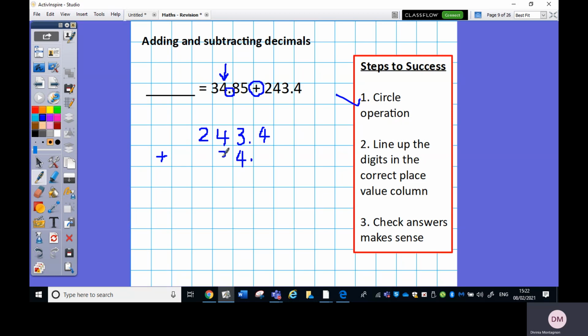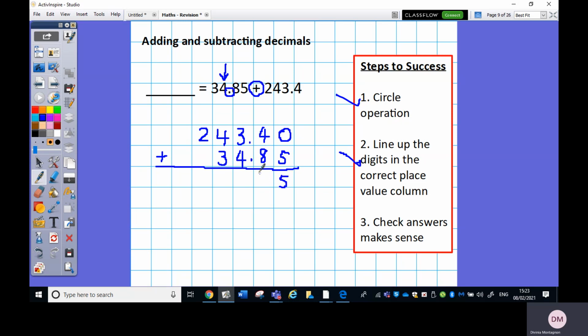Tens. Good. And now I can copy out the rest of the digit. So here we are. Now the other thing that I need to do is, good, I need to put a placeholder here.